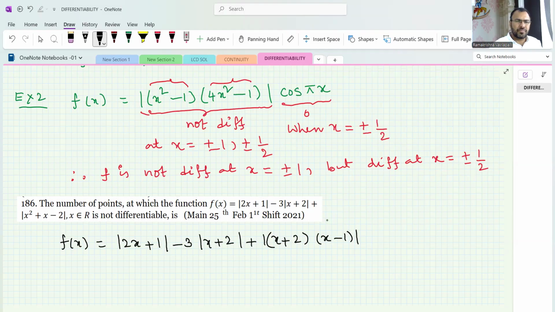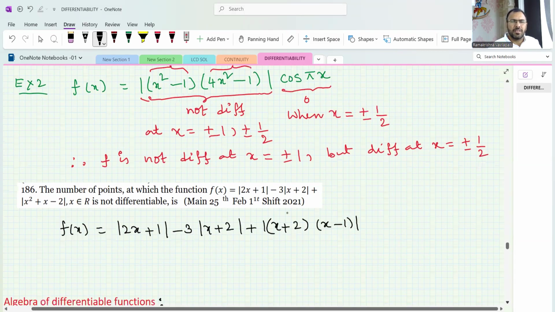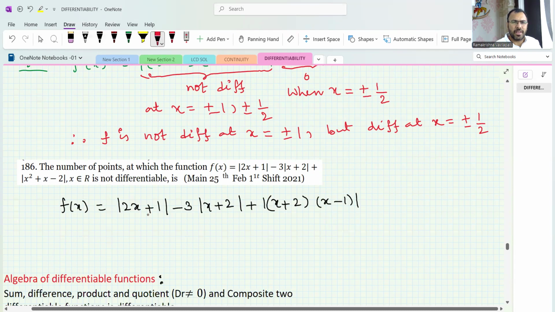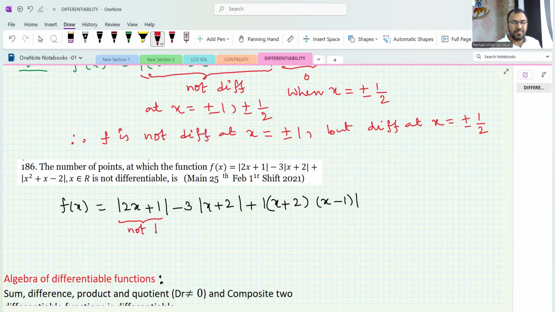So here this function is non-differentiable at x equal to minus 1 by 2. And this is not differentiable at, wait, something is common.